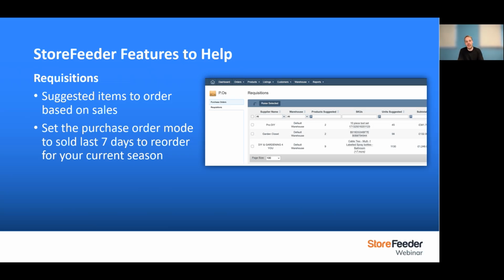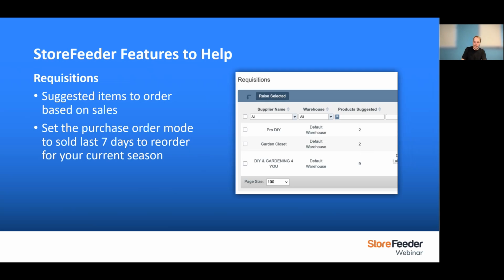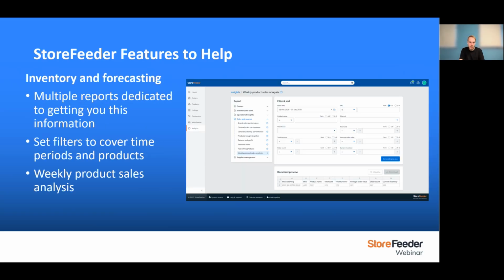So you set the purchase order mode to last 7 days on the supplier, and then when you go and create the requisition, it will be using that data to base what you need to order, not something over a longer period or just items that have been sold and you're trying to fulfill orders for. It's okay, this seems to be the trend and we want to order against that.